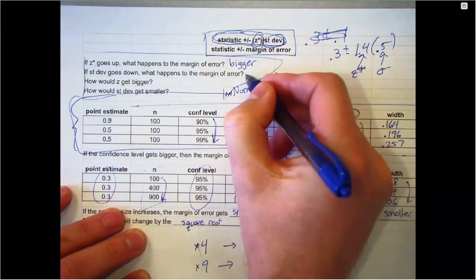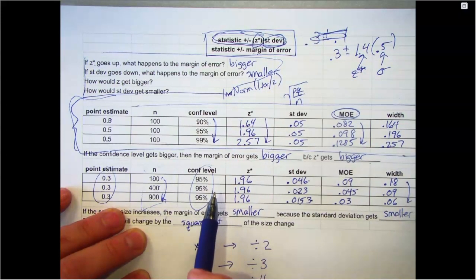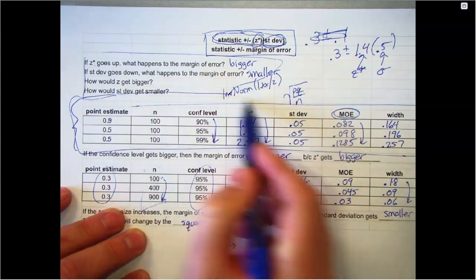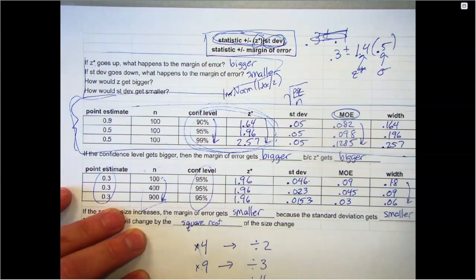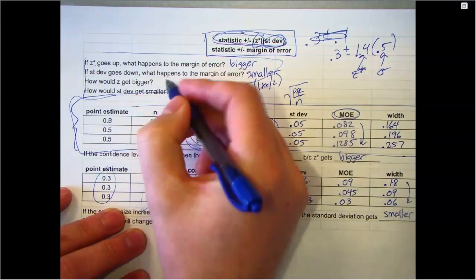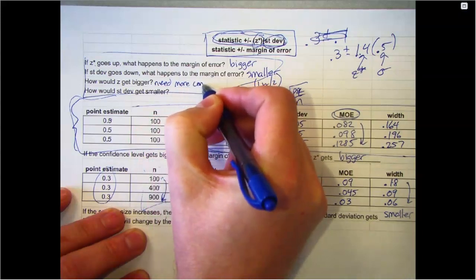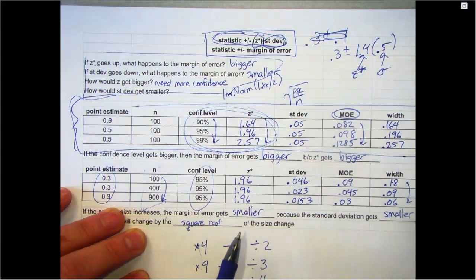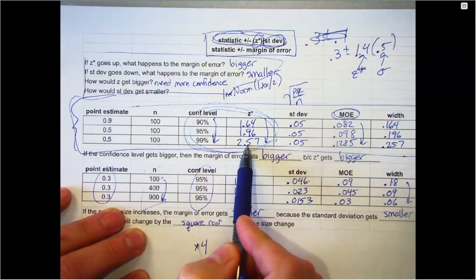It's also smaller. Or decreases, yeah. Okay, so then how does z star get bigger? So if I look here, what do I do to make z star get bigger? I increase the confidence level, or I need more confidence. You see that as this confidence level got bigger, the z star got bigger as well.